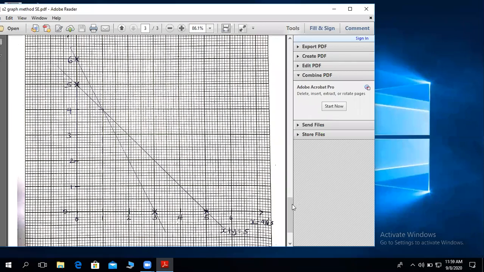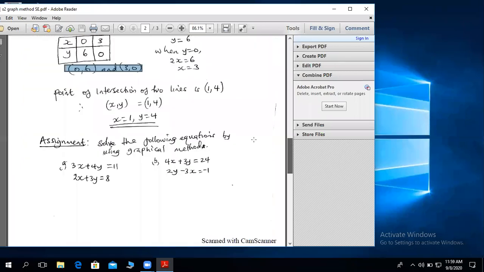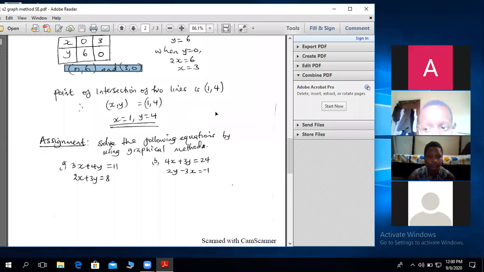So y is equal to what? 4. That's why I'm saying, therefore, point of intersection is 1, 4. And the coordinate is xy, meaning x is 1 and y is equal to 4. That's how we solve simultaneous equations by using graphical method.